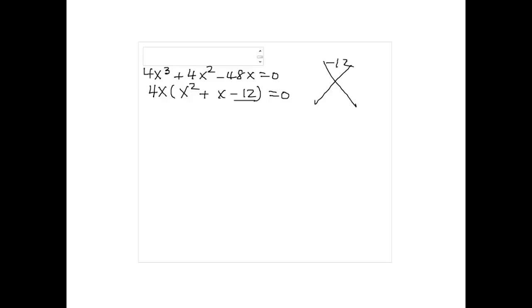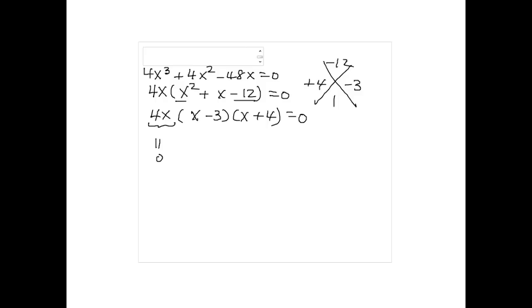By factoring x squared plus x minus 12, we have 4x times x minus 3 times x plus 4 equals 0.